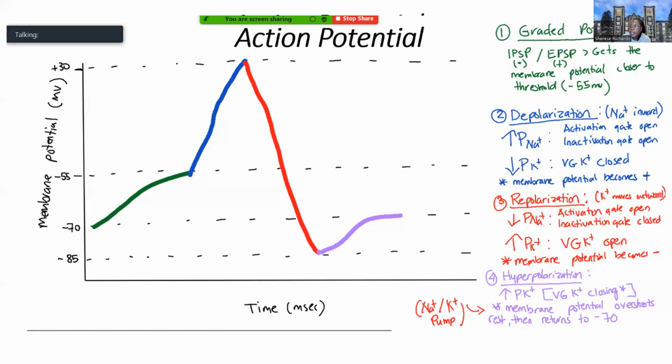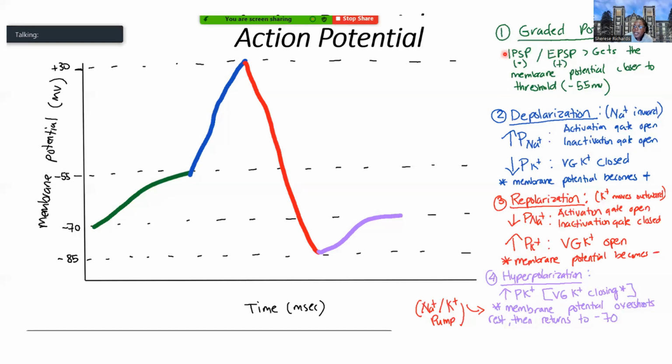I do want to go over this a bit, but drawing it out is a way to really make sure you understand how the membrane potential is changing, what ions are moving, and what the state of the permeability of these channels is, what the channels look like to result in the membrane potential change.